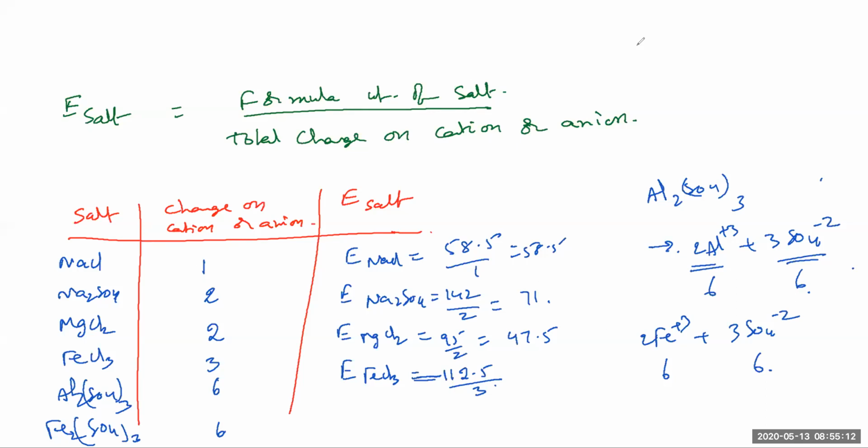That's correct. Iron sulfate, what is the molecular mass? It is around 400. Exactly 400 will come. Solve it, 400 by 6. That is 66.666.